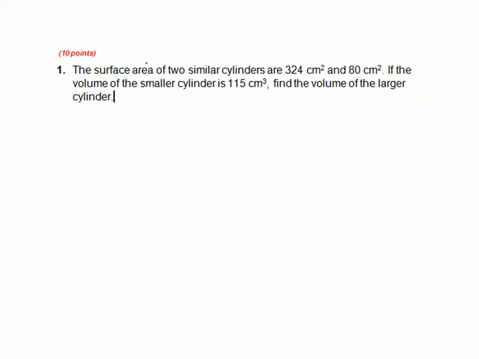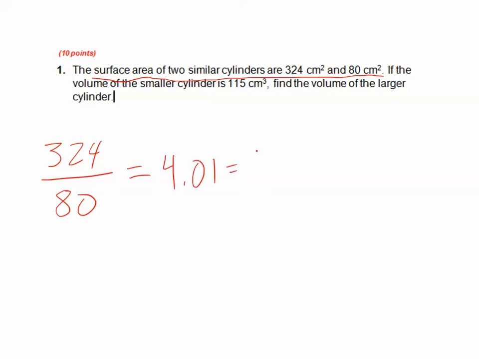We put these two numbers on top of each other. If you take 324 and divide it by 80, you get 4.01. For these purposes, we're just going to call it 4.